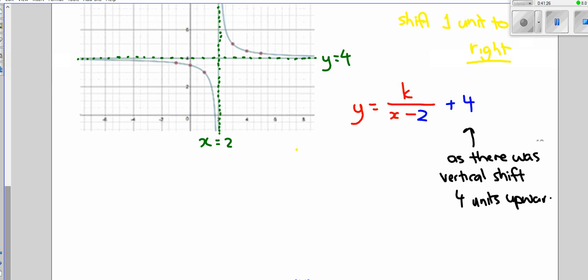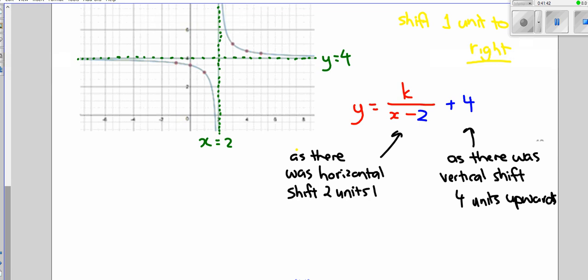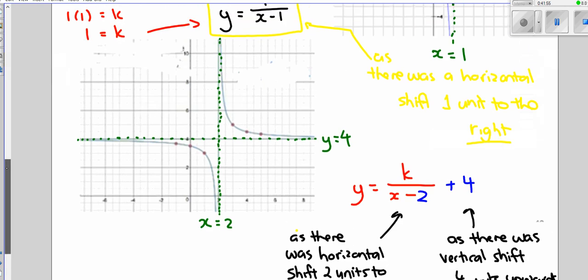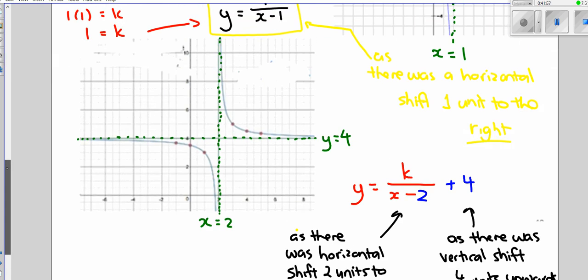This one is as there was horizontal shift, shift 2 units to the right. So identifying the asymptotes was crucial in identifying the shift. Because remember, the general version, y equals k over x, has asymptotes at x equals 0 and y equals 0. So identifying the asymptotes enables us to find that out.